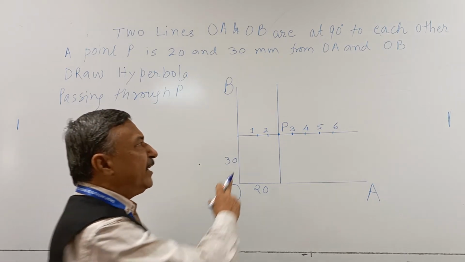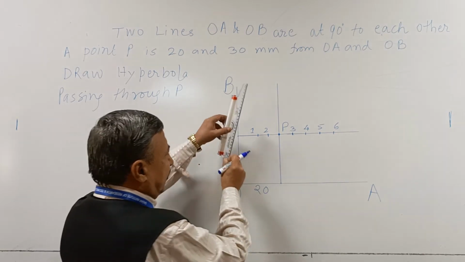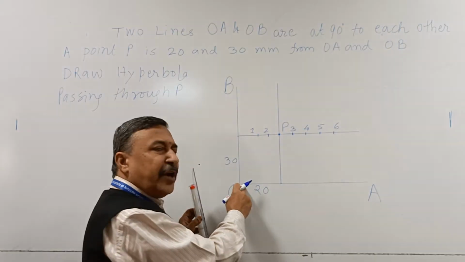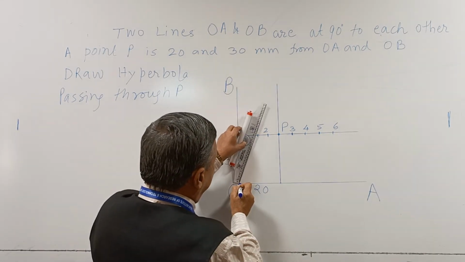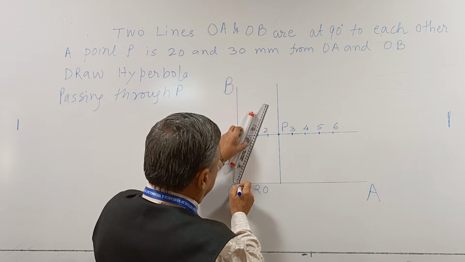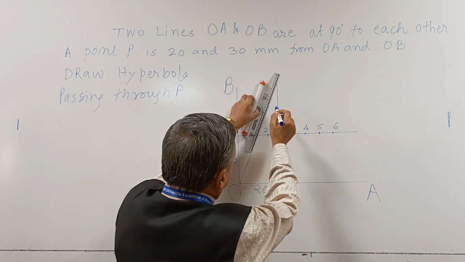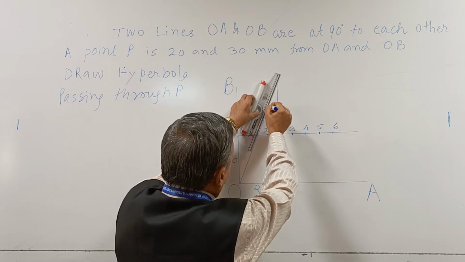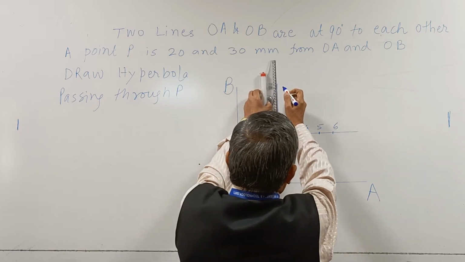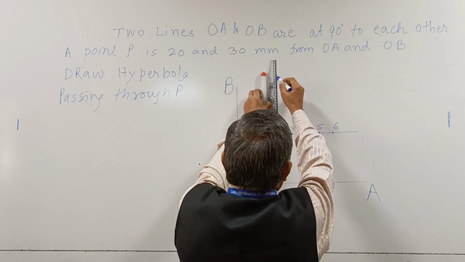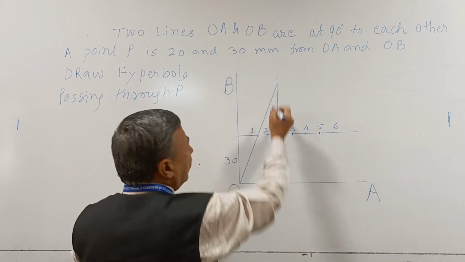Now you have to join these points to O. See here, for 1 we have to join to O and extend up to where? See here. Join 1 to O and extend till it intersects the line passing through P. Okay.